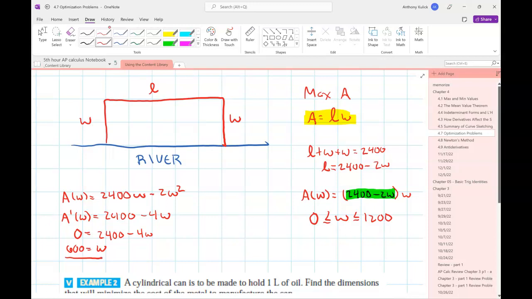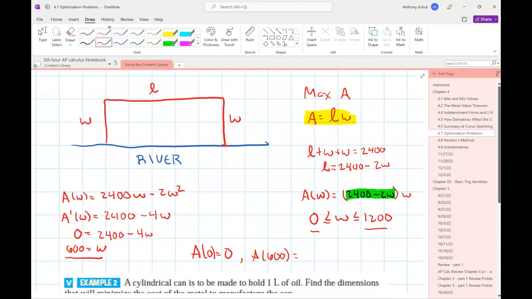So I have to worry about when w is 600, 0, and 1,200. And I'm just going to check those to see which one gives me the biggest value. Well, A of 0, that's easy to see, that's 0. A of 600 gives me, what is that going to be? 1,800 times 600. 6 times 18 is 72?